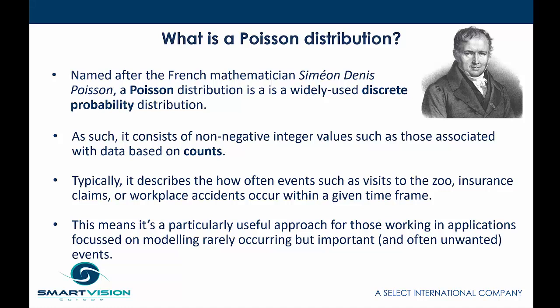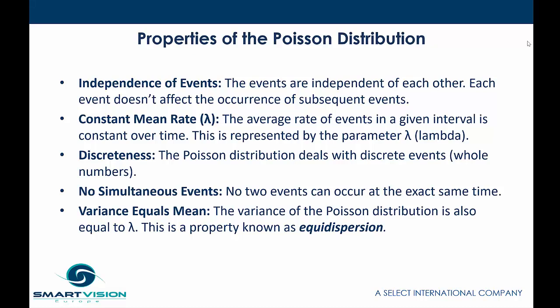And that means that the properties of the distribution are really useful for those who are working in applications that are focused on modeling often rarely occurring but quite important and sometimes unwanted events such as accidents or undesirable incidents.